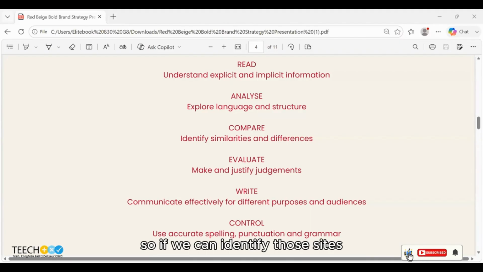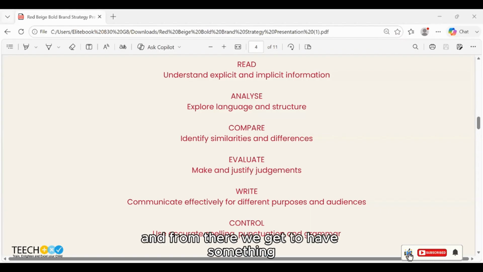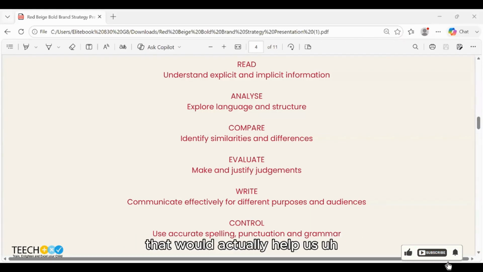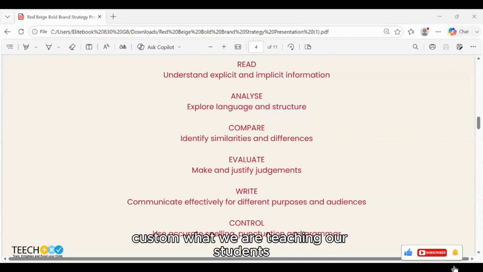So if we can identify those sites, those apps, and we make a list of them. Because it's very painful that there are a lot of sites we can actually work with that would help us reinforce what we are teaching our students.